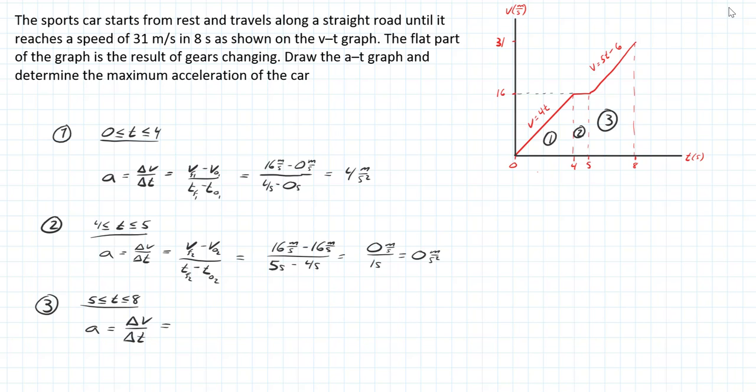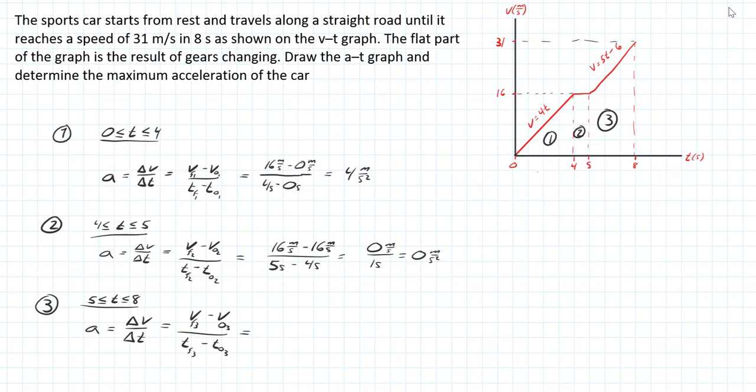Since we're dealing with the third area, we call this v final of 3 minus v initial of 3, divided by t final of 3 minus t initial of 3. And we know the final velocity, if we look across, is given to us as 31 meters per second.